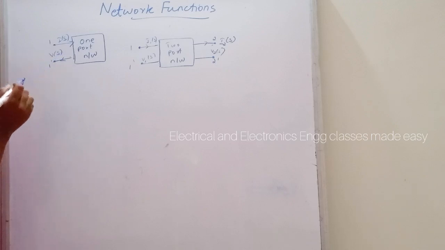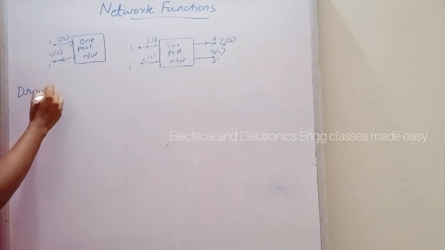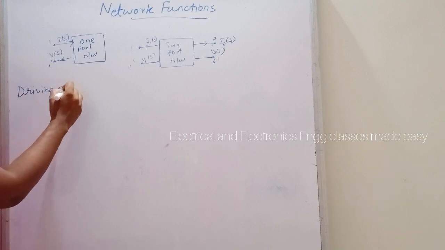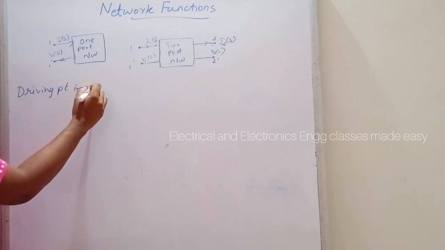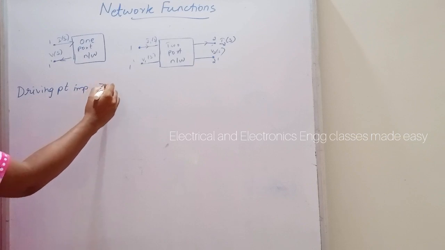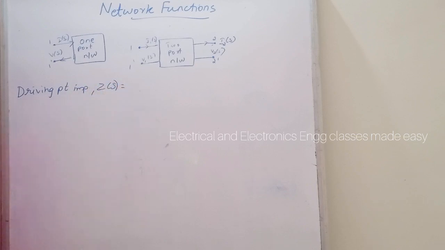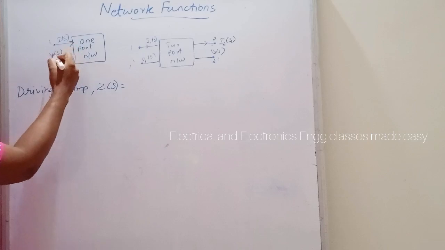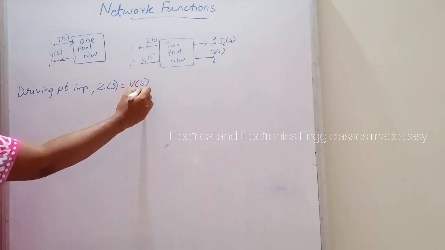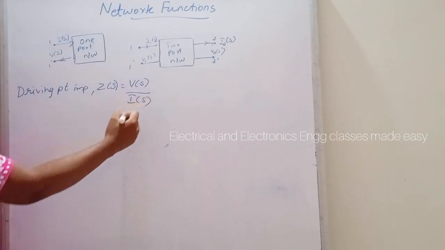For the one port network, the driving point impedance is defined as Z of s equal to V of s divided by I of s.